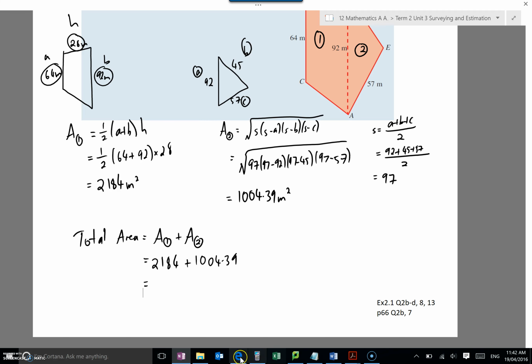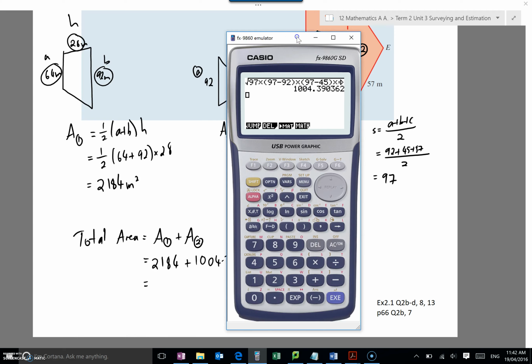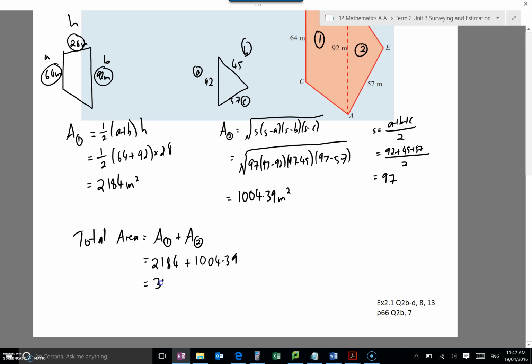Add them together. I've already got that one sitting there, so I'll just add. If you just press plus, it should come up like this. Plus 2184. I get 3188.39 as my total area. So for you, off to these questions, have a go, and I'll help you out during class.